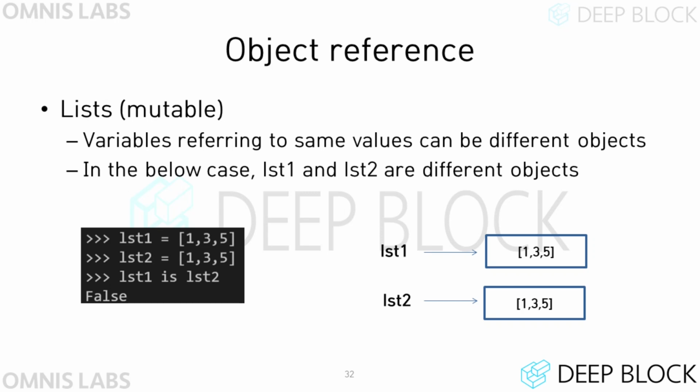But in the case of a mutable data type, the value inside any variable must be able to be changed. If we create two list variables with the same elements, and if we change the elements of one list variable, eventually we won't be able to use the same space.